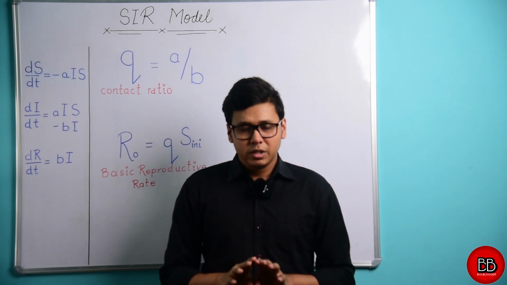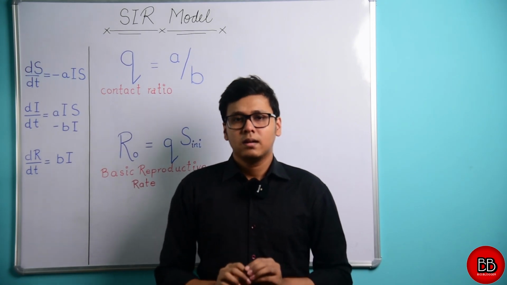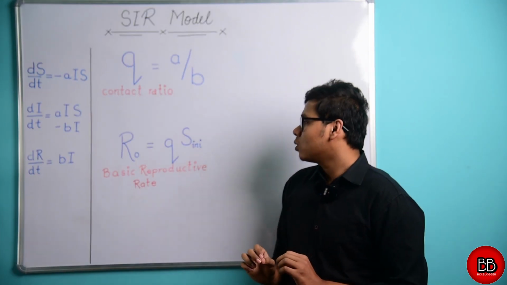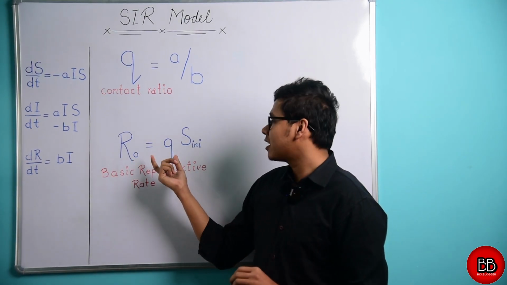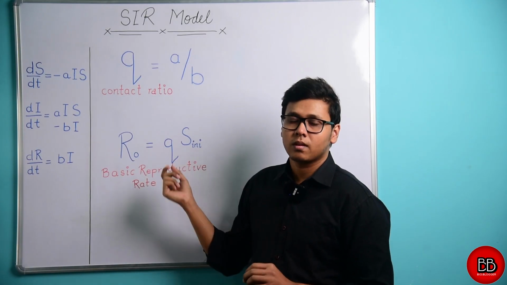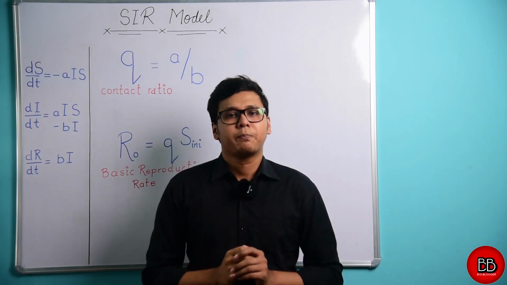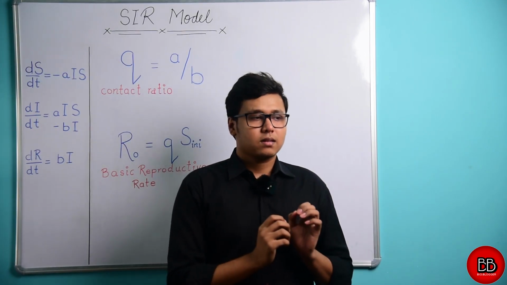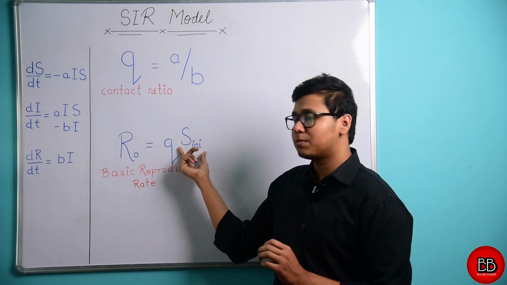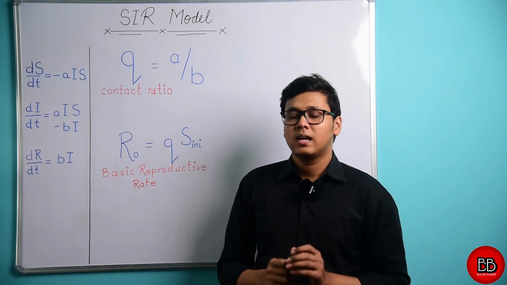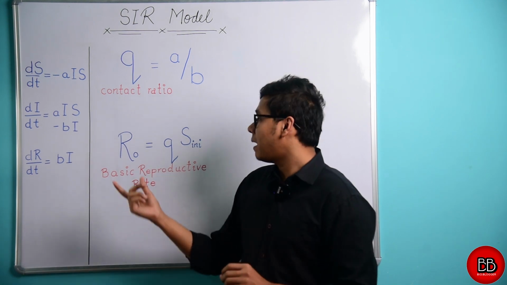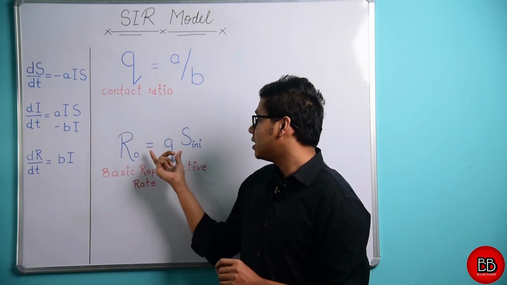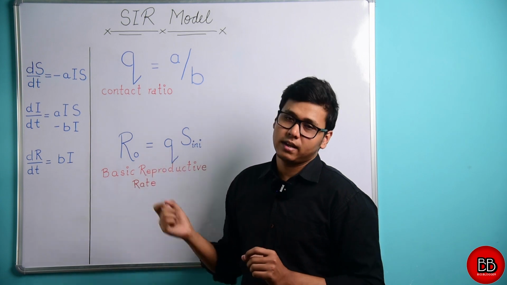Now again, I'm not going into derivations, but one thing that we can conclude from this equation is R naught is directly proportional to Q. Think of it this way: can we change the number of susceptibles at any point of time? The answer to this is no. The only way to keep R naught in check is to keep Q in check.